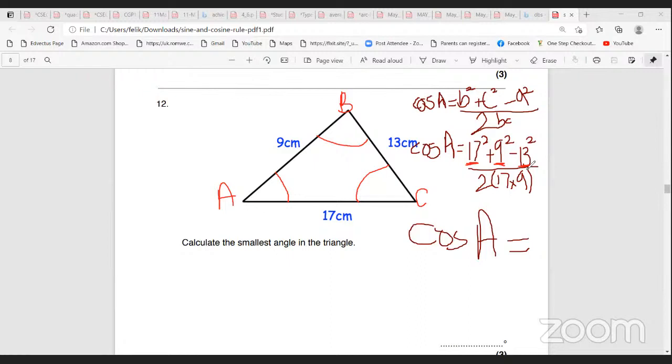Yes, that's 201. Okay, now divide by 2 times 17 times 9, in brackets: open bracket, 2 times 17 times 9, close bracket.